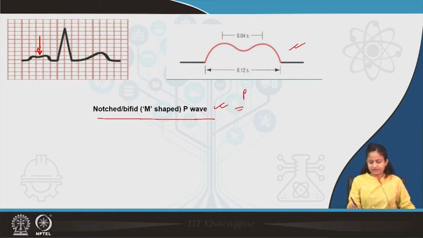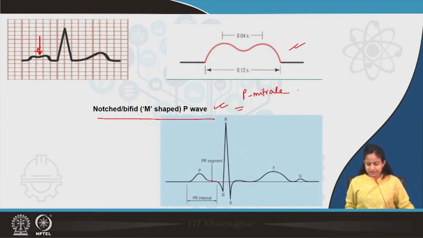This type of P wave is seen in left atrial hypertrophy. It is known as P mitrale. In right atrial hypertrophy, we have seen peaked P waves or tall P waves, that is P pulmonale. In case of notched bifid P waves, seen typically in left atrial enlargement, that is P mitrale. So, this much you have to know about the P waves.